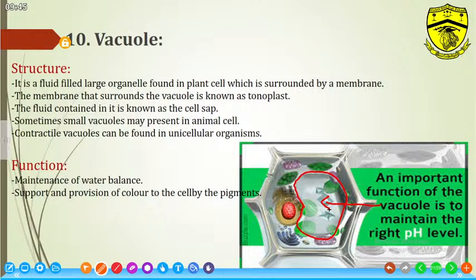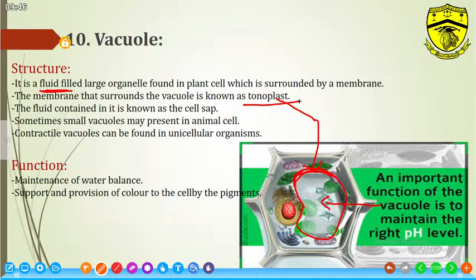It is a large, fluid-filled organelle found in plant cells, surrounded by a membrane called the tonoplast.